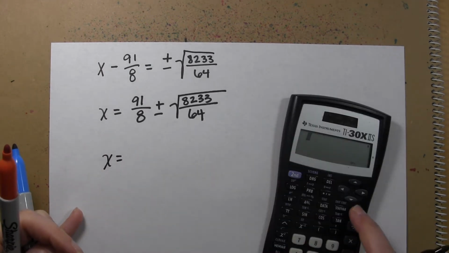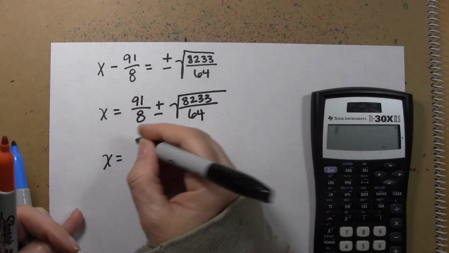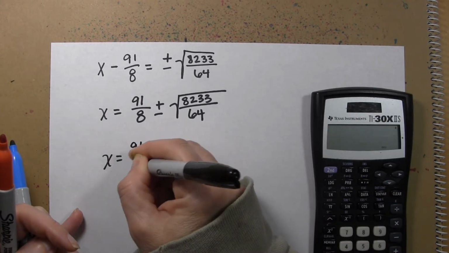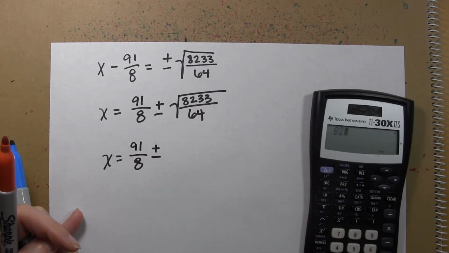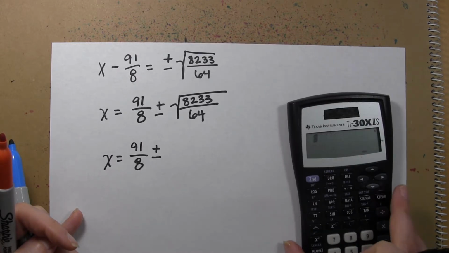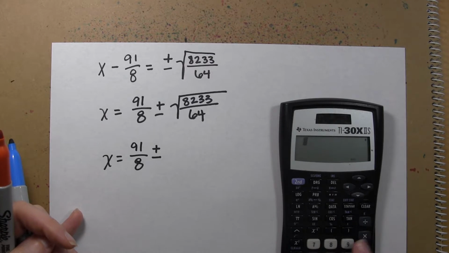91 I don't think is divisible by anything, but let's just make sure it's not divisible by 4. It's not. Okay, so I'm going to keep this as 91 over 8. And then this is going to be, let's just make sure 8233 doesn't have a perfect square, which it doesn't. And it's not divisible by 4 or 16 or 36.